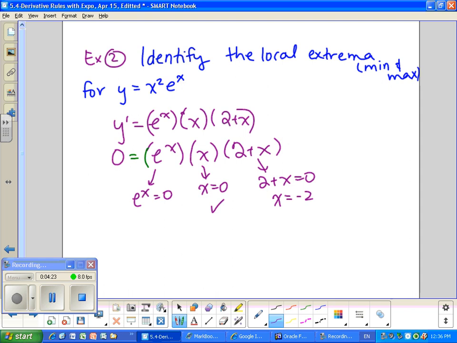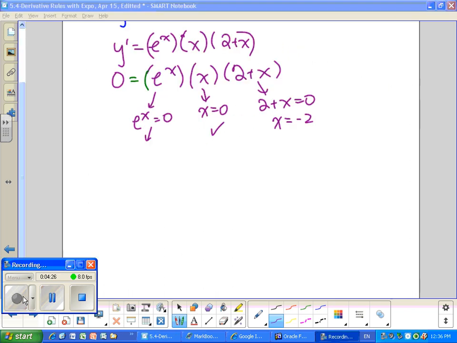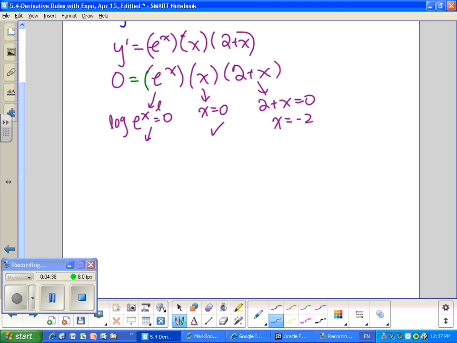Now we just have to solve this one. The alternative to solving this is to look at your log properties. If we wanted to solve for x here, you could take the log of both sides, right? Now, log doesn't necessarily help us here because we have e. What's the inverse of e? ln. ln behaves in the same way as logs do.